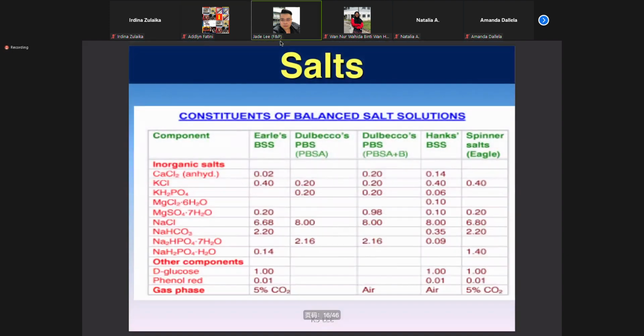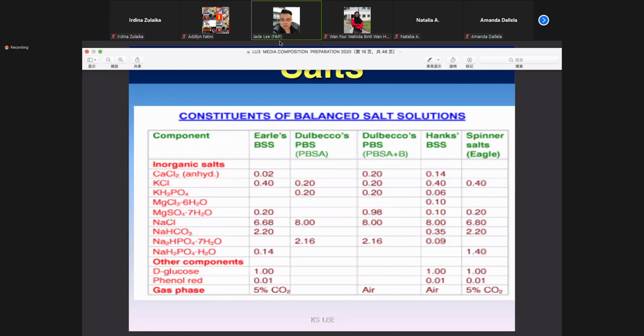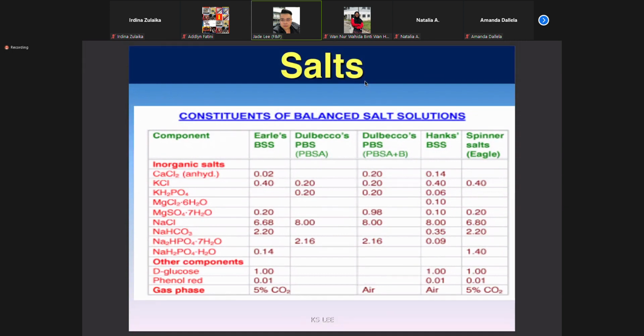And these are the types of the salt. Okay, the salts that are available. You know, there are many actually. The components such as the calcium chloride, the potassium chloride, the potassium sulfate, magnesium chloride, okay? And in each of these brands, for example, the Dulbecco's PBS, Earle's, Hanks', and so on, you see each of the contents of the salt is different for different brands.